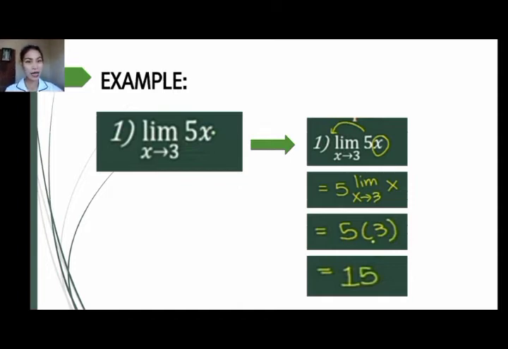That is how we use the constant multiple rule. We have to remember it because the constant and the identity rule together with the constant multiple rule are among the most basic theorems, used almost all the time.